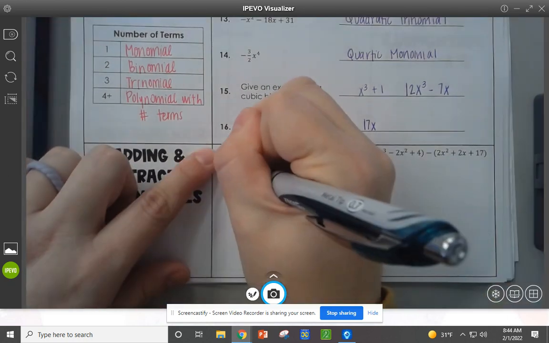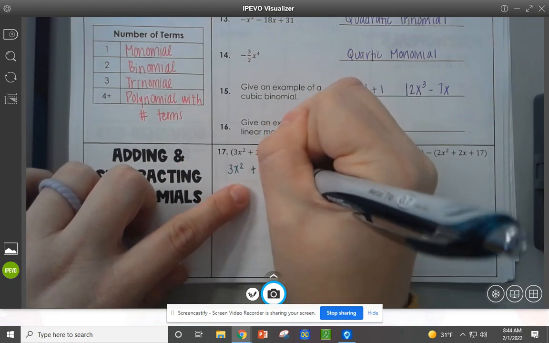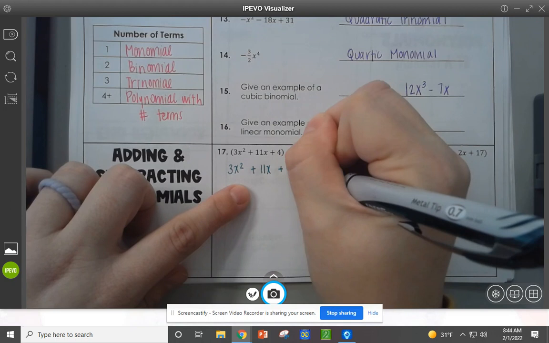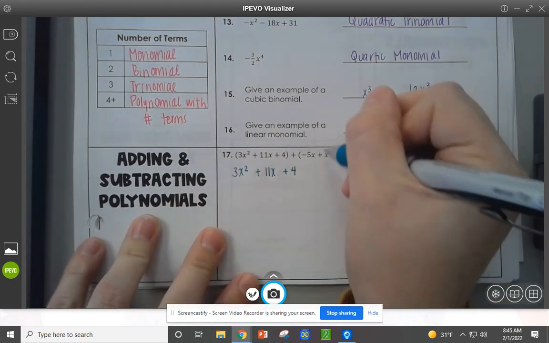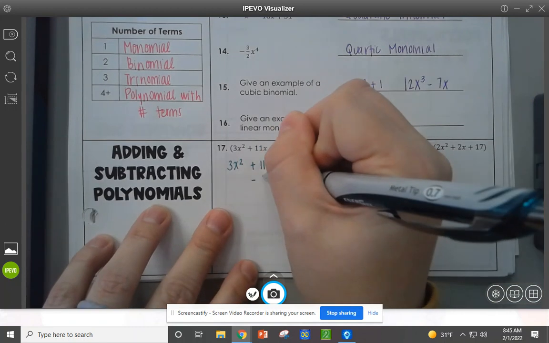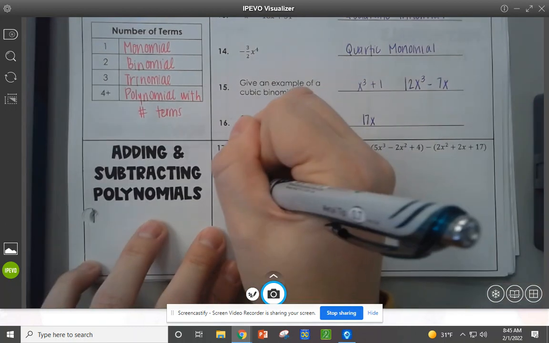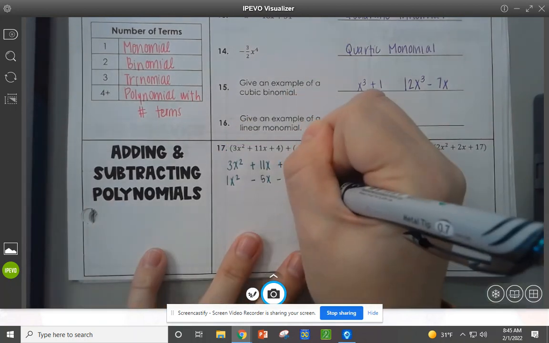So if I start with 3x squared plus 11x plus 4, I'm going to write these underneath, making sure my like terms are on top of each other. So my negative 5x I have to write here because those are like terms. Plus x squared, that's 1x squared, and then minus 13.